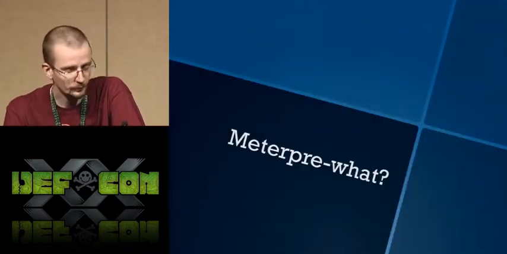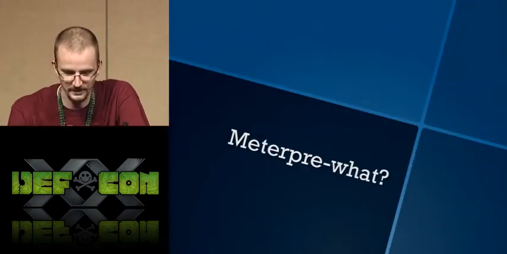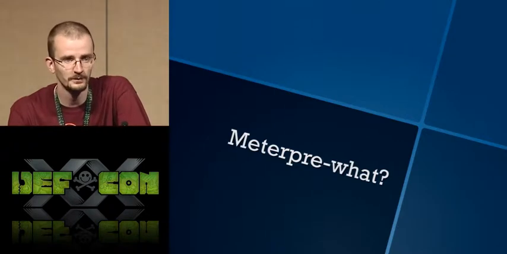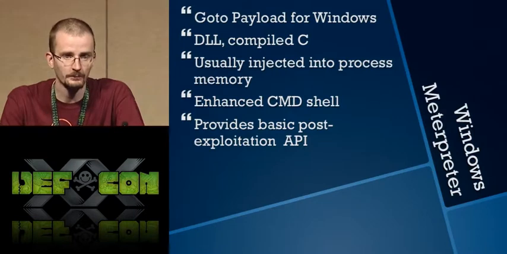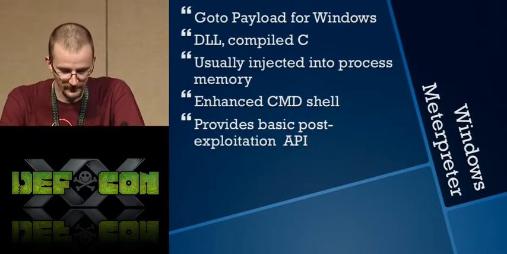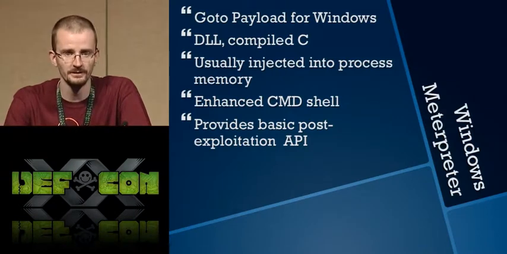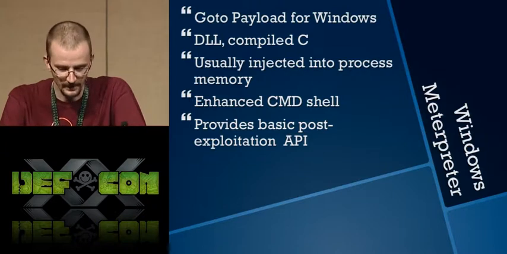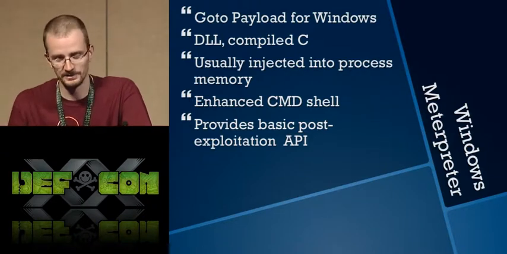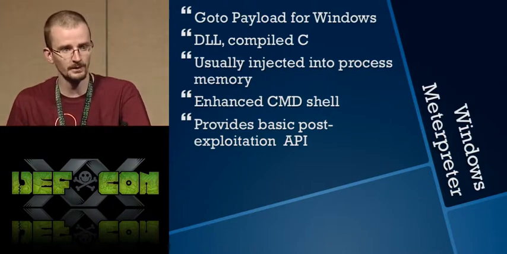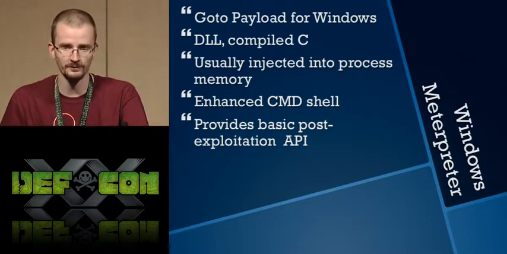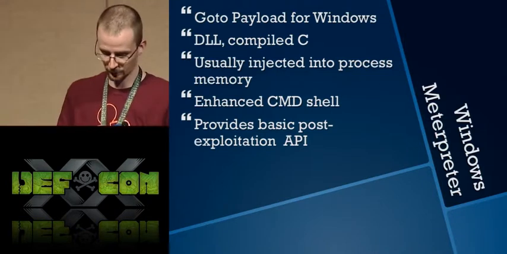For those of you who don't know what Meterpreter is, it is sort of like the default go-to payload now for Metasploit. It is a compiled C DLL that most of our exploits inject into memory via a stager. So it provides an enhanced command shell, but what's really important is that it provides a standard API that module developers can code to.